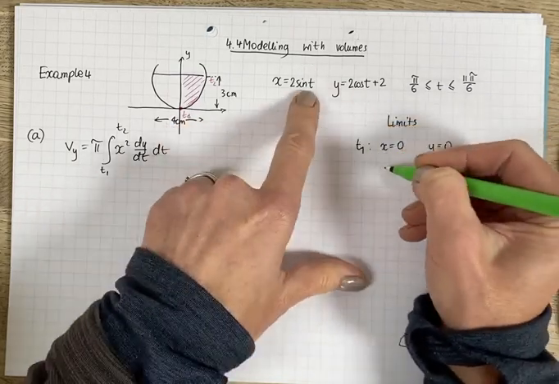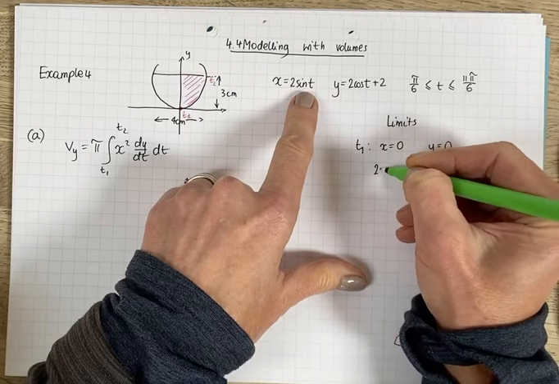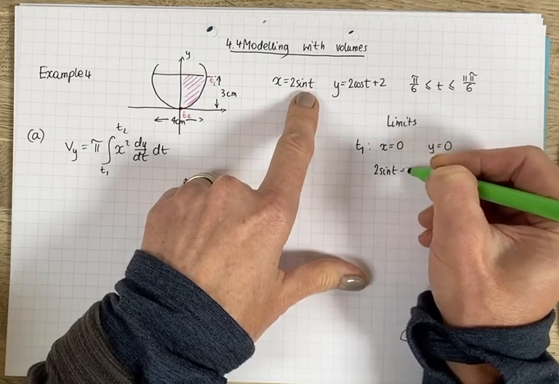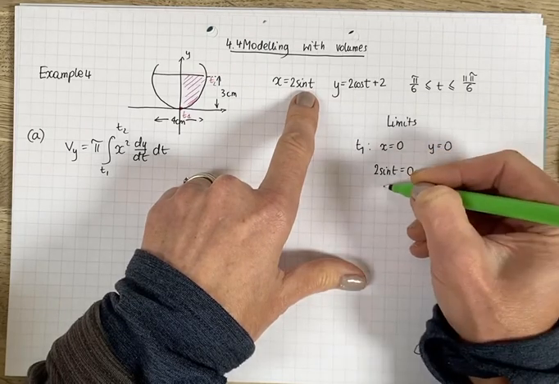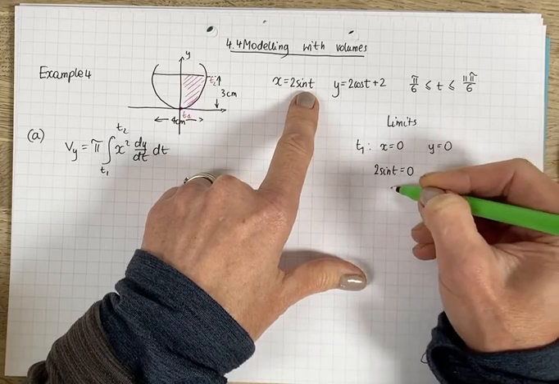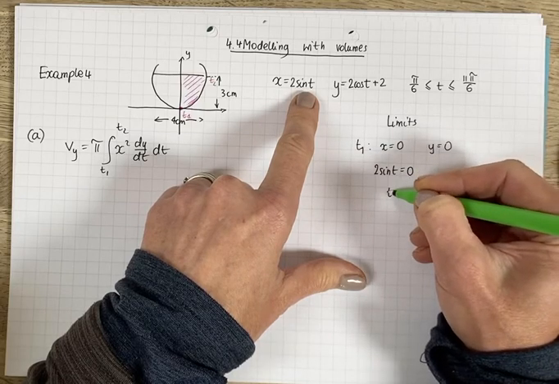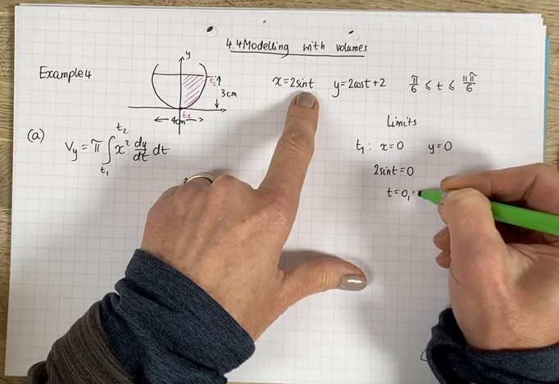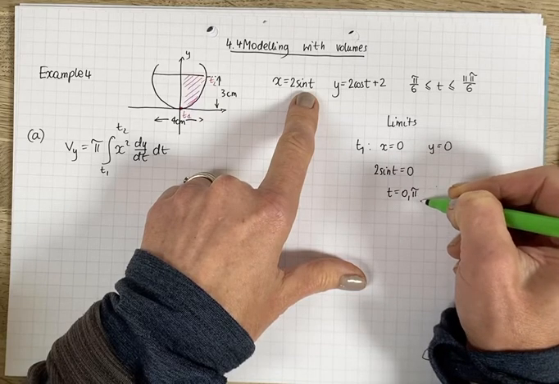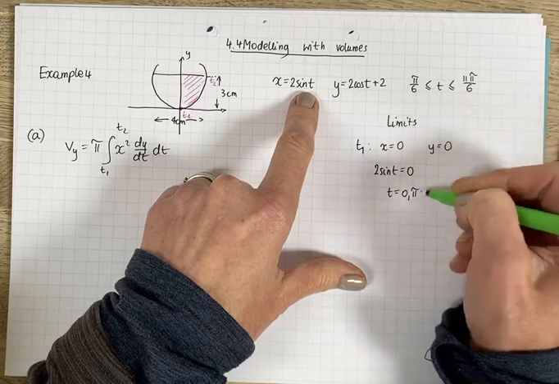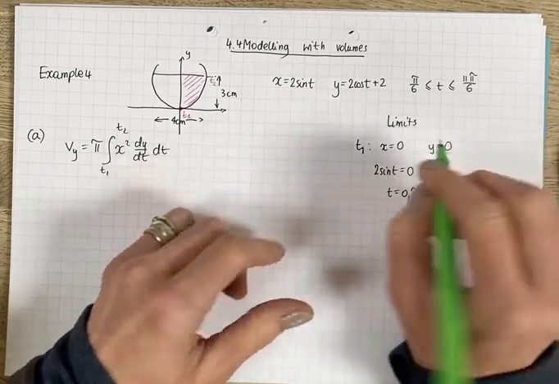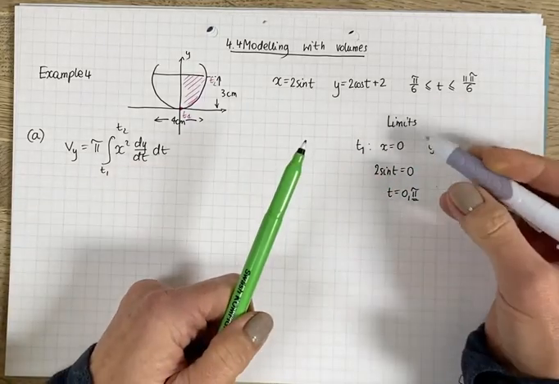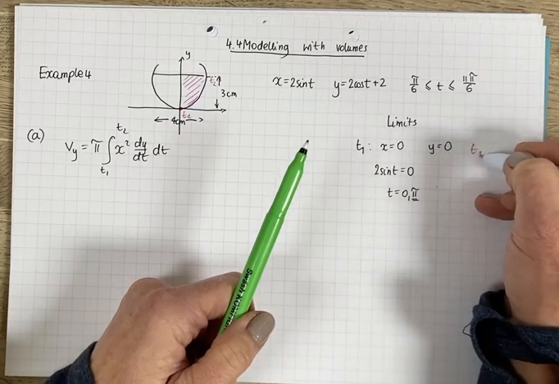So x equal to 0 gives me 2 sine t equals 0. So sine t is 0 for t equal to 0 and pi. Obviously 0 is outside, so it's got to be pi. So t1 will be pi.